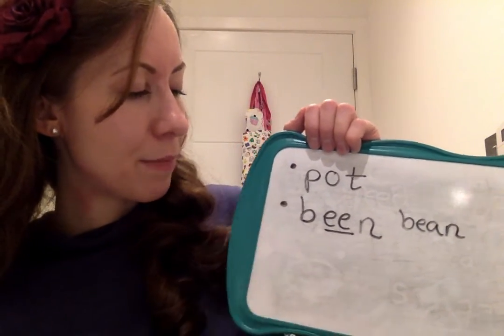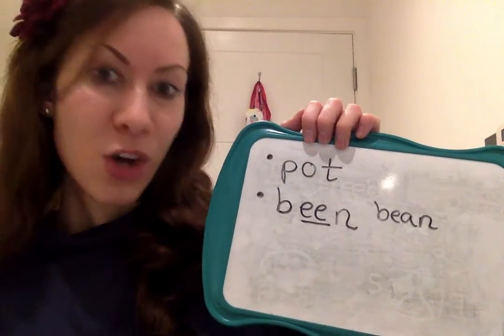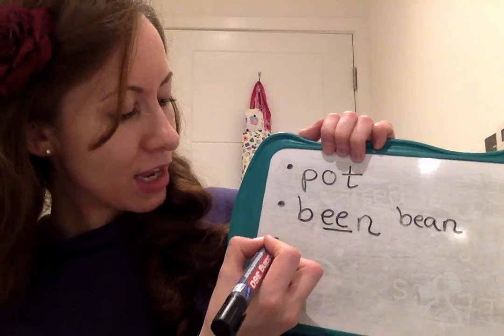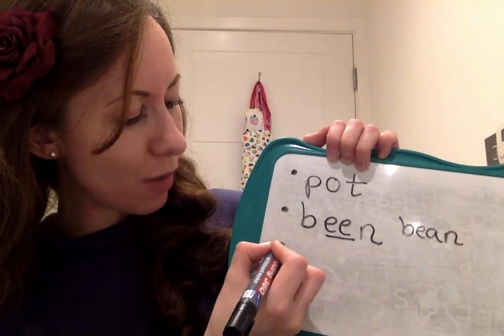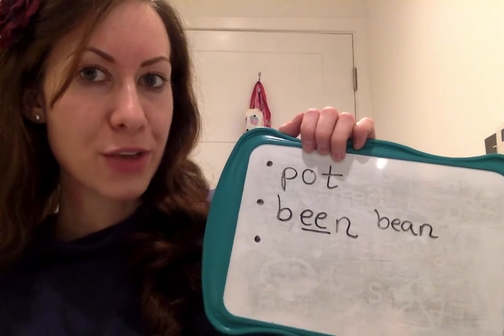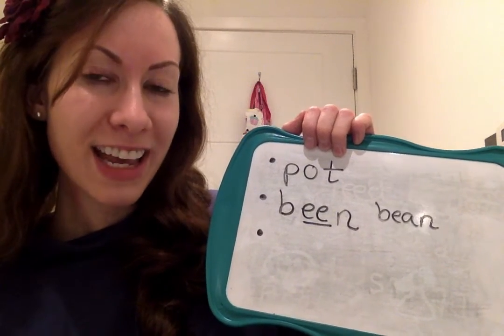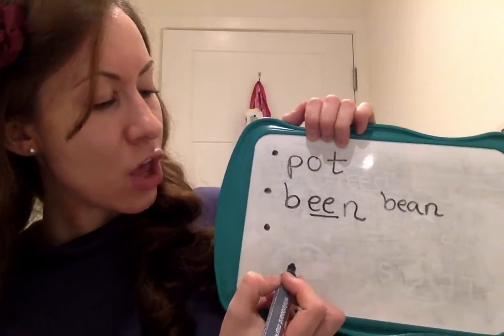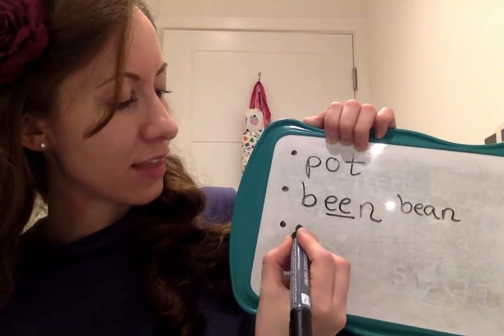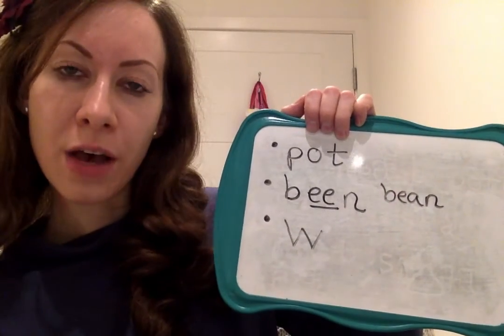So pot and bean. Now, something that we pour, we would need some water, wouldn't we? Now, water is a bit of a tricky one because we haven't really done much on the W sound yet, because that's in phase 3 phonics. We've only just started that. But we have seen it occasionally, used it occasionally, the W sound. It looks like this. Down, up, water.